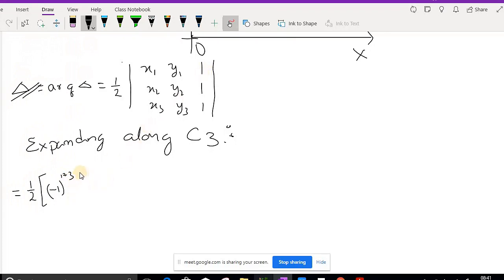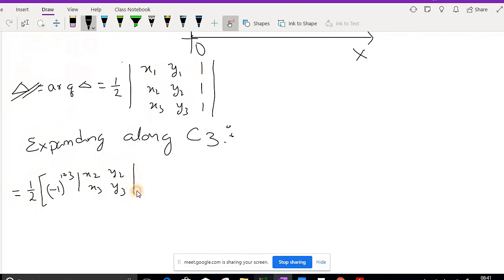Then you have a 1 here. The remaining determinant is x2 y2 x3 y3.